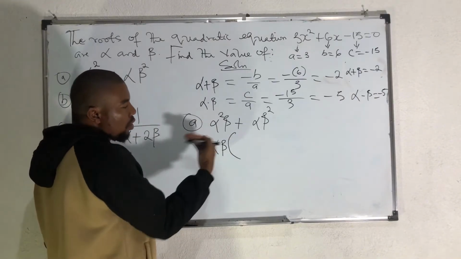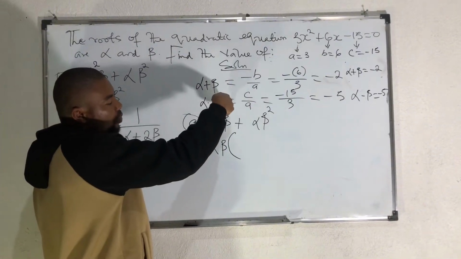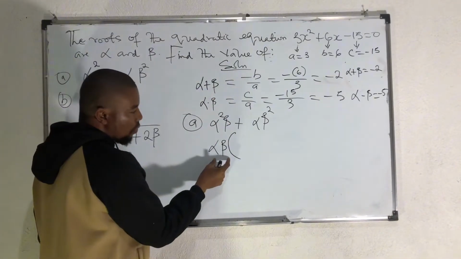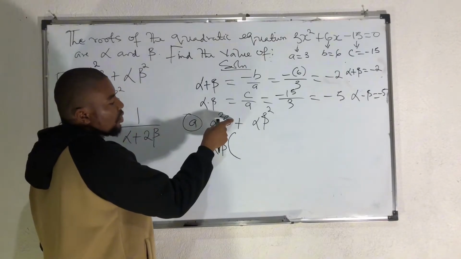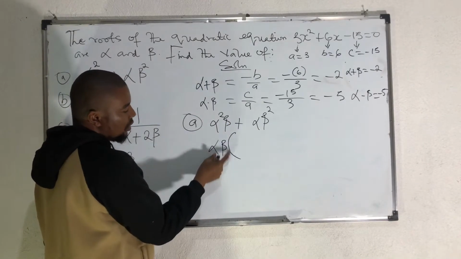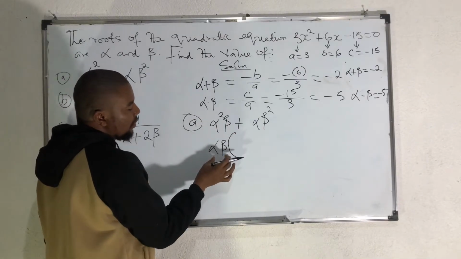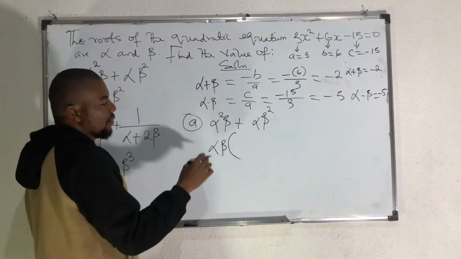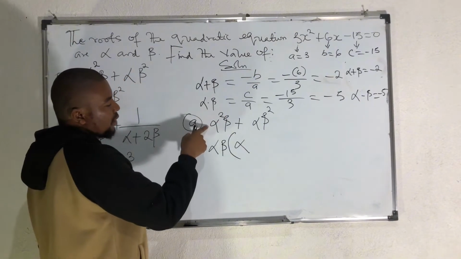Once you pull out what is common between the two, you now divide the original expression by what you pulled out. In this case, our original expression is alpha squared beta, while the one we pulled out is alpha beta. We now say alpha squared beta divided by alpha beta. This will give us an alpha because there are two of these here.